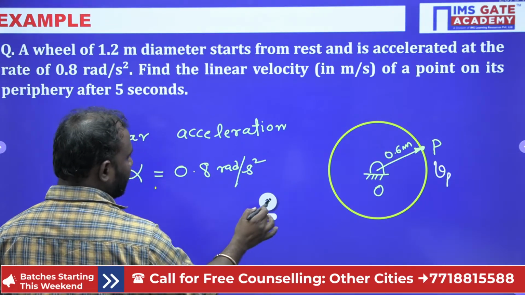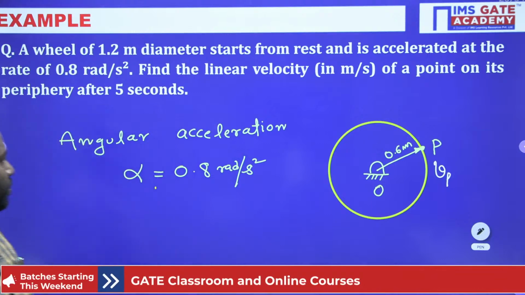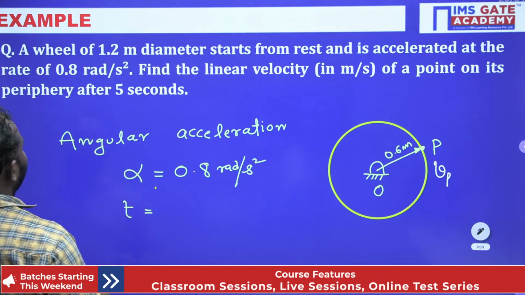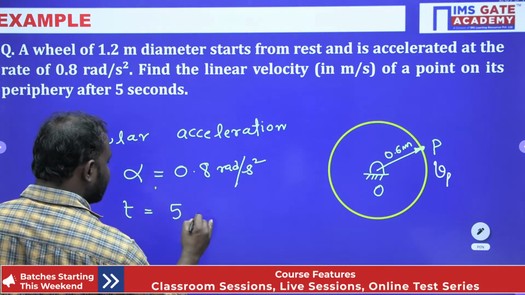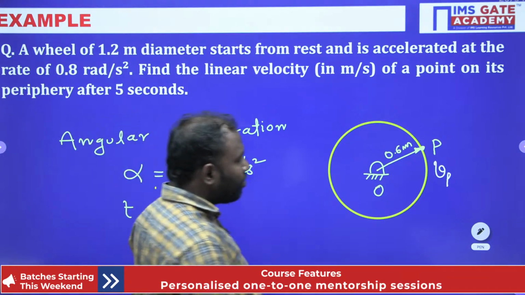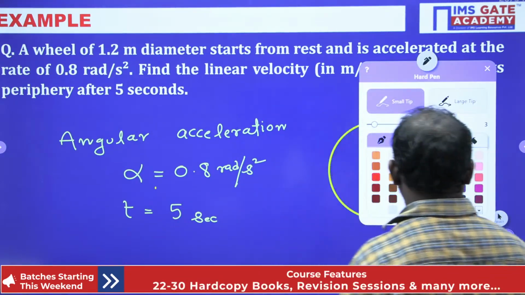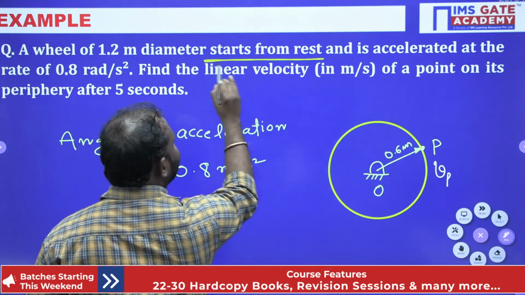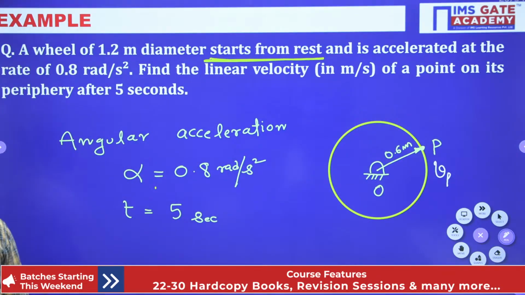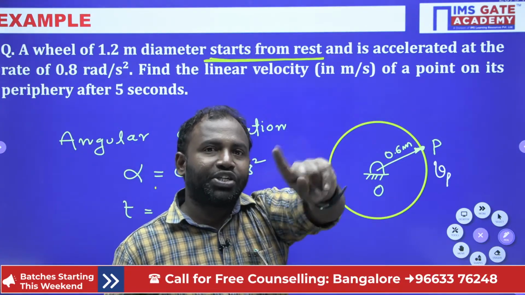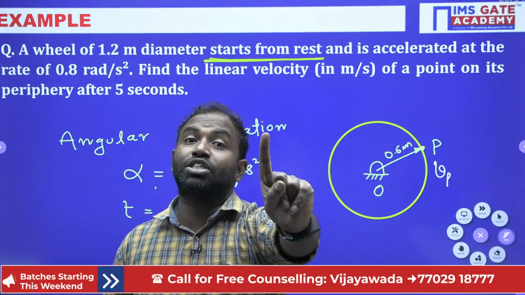Given time t is equal to 5 seconds. Now you need to remember the angular velocity. If you observe, it starts from rest, so the initial angular velocity is 0 because it is starting from rest.